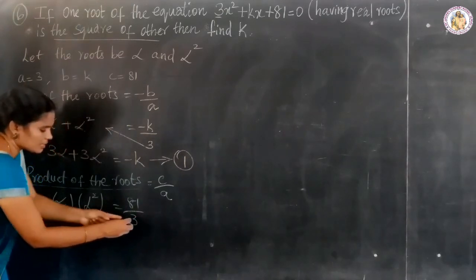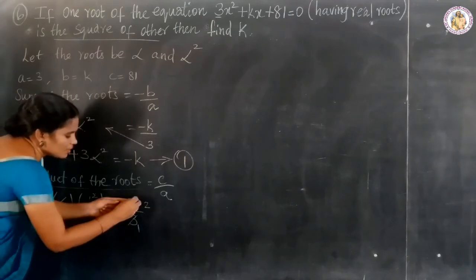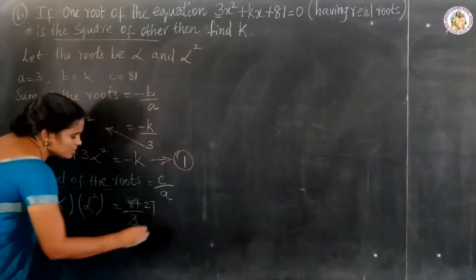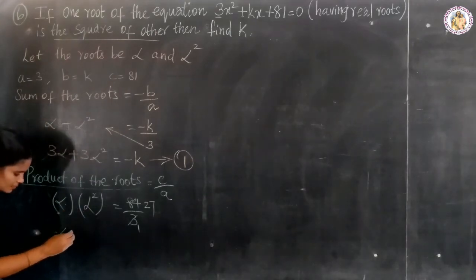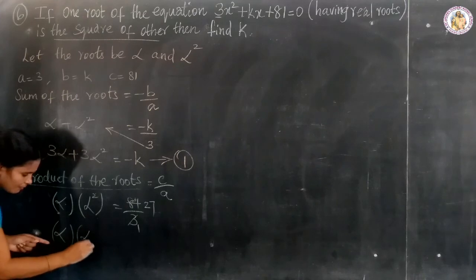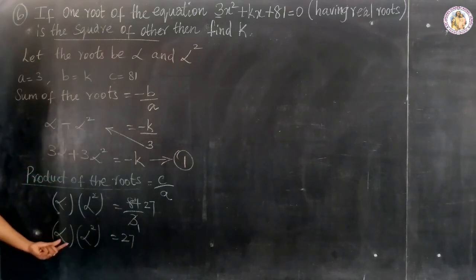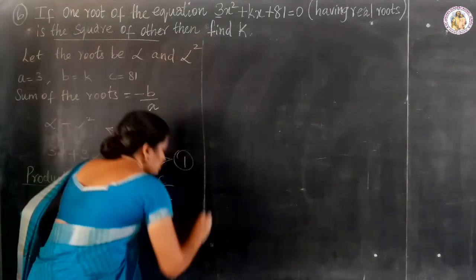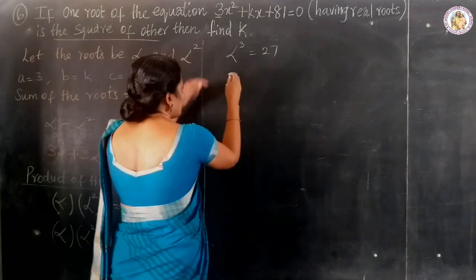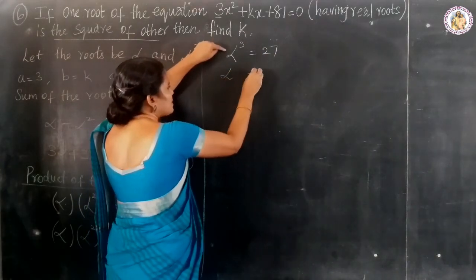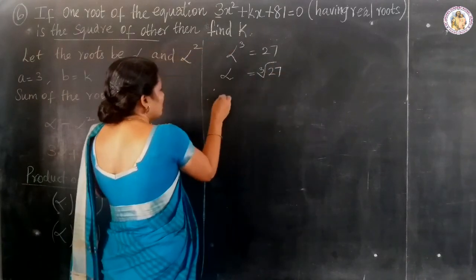Now cancel: 3 1s are 3, 3 2s are 6, remaining 21, 7 3s are 21. So alpha into alpha square is equal to 27. Alpha into alpha square is alpha cube, which is equal to 27.